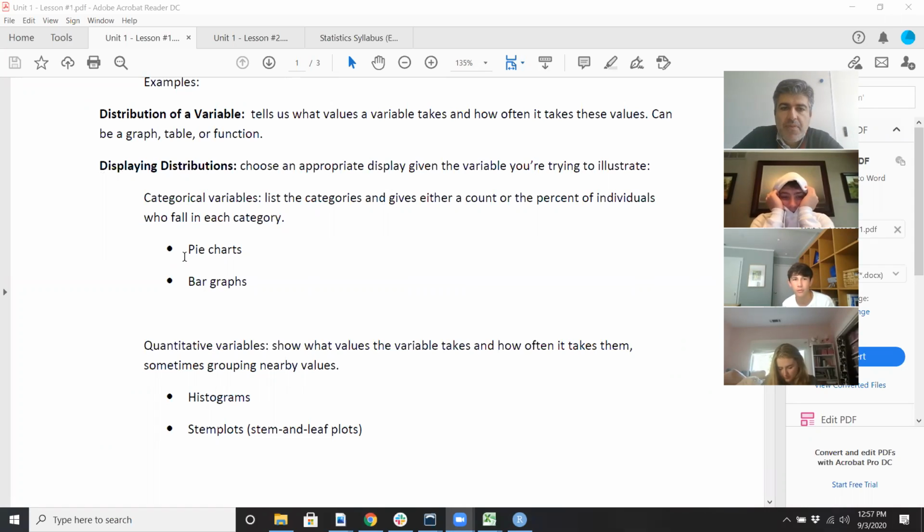Categorical variables will list the categories and give either a count or percent of individuals who fall in each category using a pie chart or bar graph. And quantitative variables show what values the variable takes and how often it takes them, sometimes grouping nearby values, using histograms and stem plots.